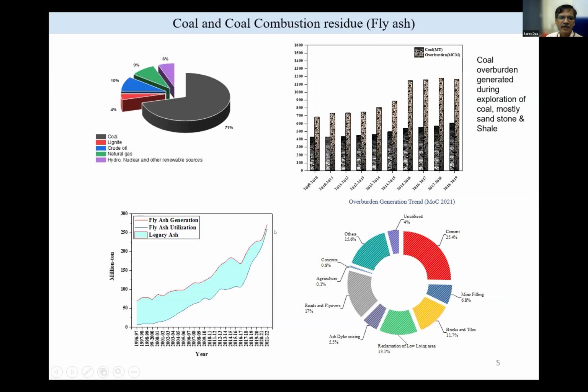The government of India has made an audit of all the fly ash companies to show generation and utilization, and the idea is that very quickly we will get rid of this legacy ash. The point lies in how to expand the variety of ways it can be used, and also the percentage of its use.